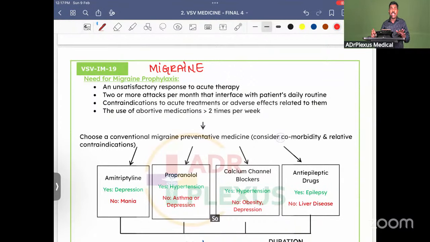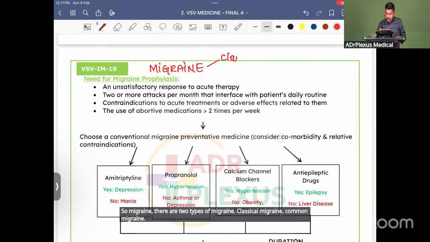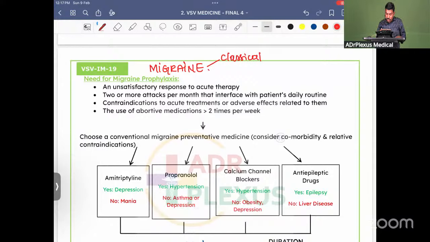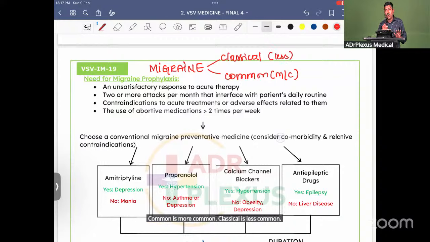There are two types of migraine: classical migraine and common migraine. Common is more common, classical is less common. What is classical? Aura present; common, aura absent.